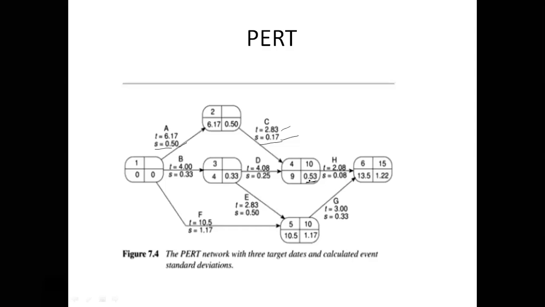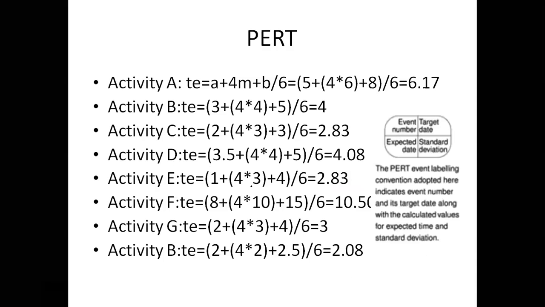So why are we writing this here? As I already told you, the PERT node contains the event number, target date, expected date and standard deviation. So these are the four here. The first one is the event number, the next is the target date, the next is the expected date, and the next is the standard deviation.